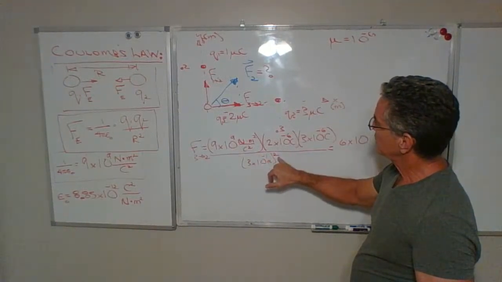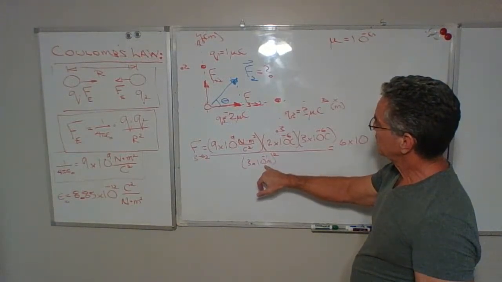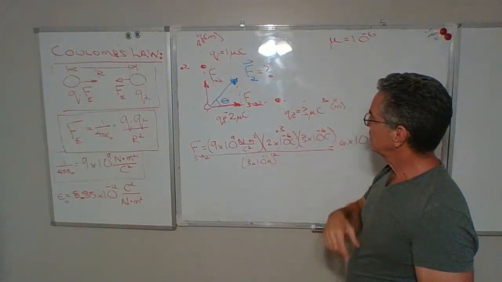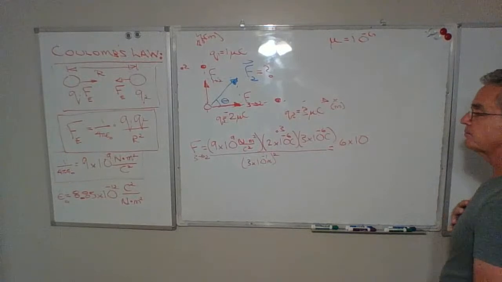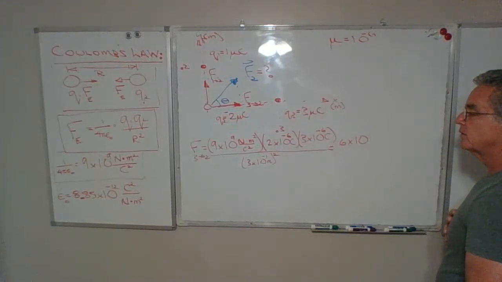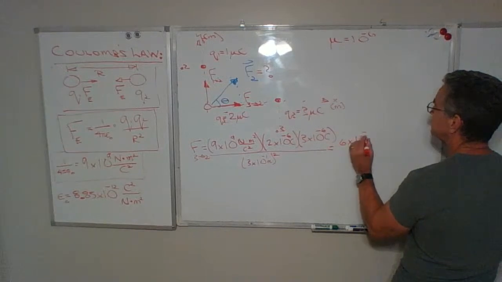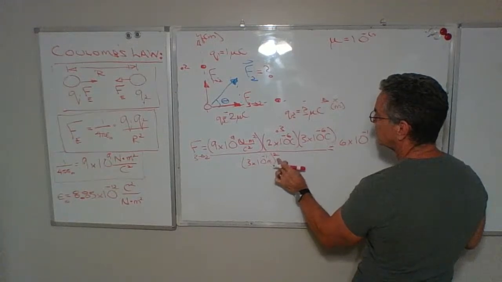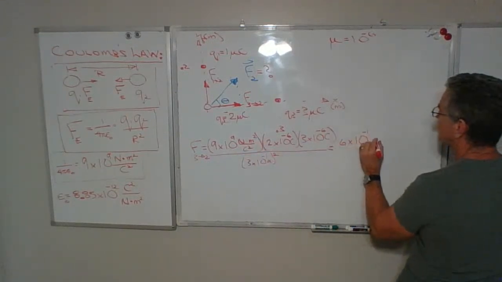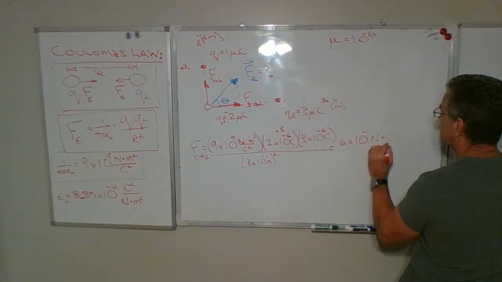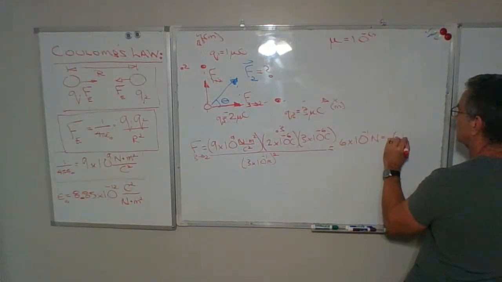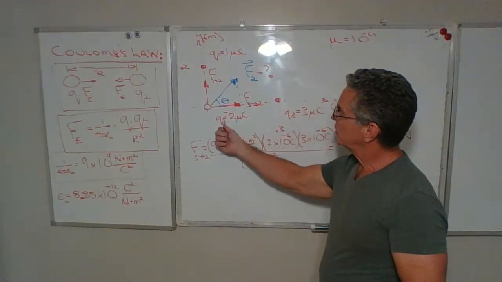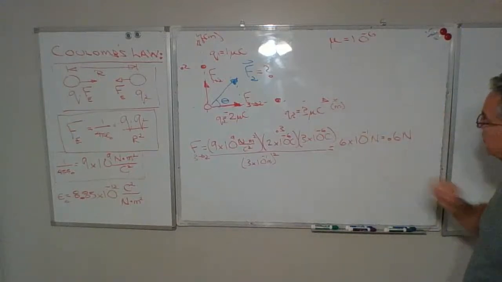And 10 to the minus 1 squared is 10 to the minus 2. 10 to the minus 2 on the bottom becomes 10 to the positive 2 on the top, times 10 to the minus 3rd is 10 to the minus 1. Okay? And the units, coulomb squared, cancel with these, coulomb squared, meter squared, cancel with these, meter squared, leaving newtons. Okay, so this is 0.6 newtons. So the force due to Q3 pulling Q2 to the right is 0.6 newtons.